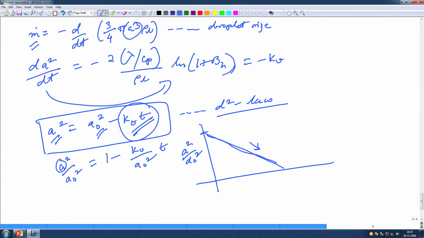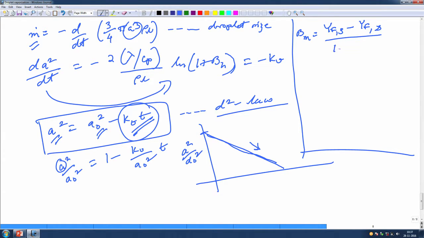Now, there is another thing to this d square law. We have determined it based on the heat transfer, the Spalding heat transfer number. There is also the Spalding mass transfer number, which is nothing but the mass fraction at the surface versus the far field, 1 minus the surface.